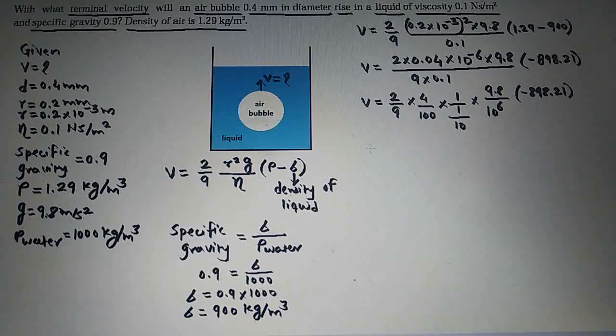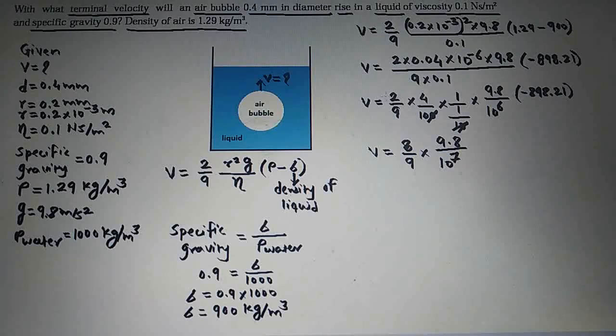Next we can write here V is equal to 2 into 4, it will be 8, divided by 9 into, the 0 in 10 and the 0 in 100 will get cancelled here. Now we can write this as 10 into 10 raised to 6, it will be 10 raised to 7 in the denominator, and in the numerator we will write here 9.8.